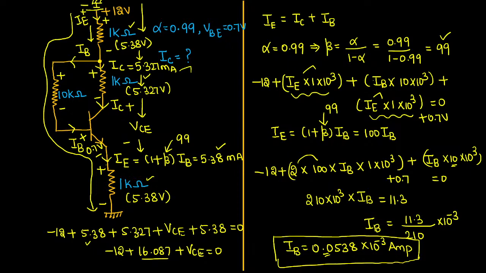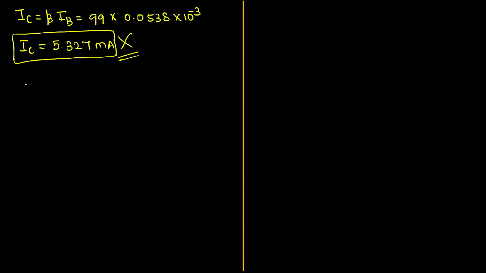If I subtract these two, you will be getting 4.087 voltage. So what I found is 4.087 voltage plus collector to emitter voltage equal to 0. But we got plus here. From this, if you observe the collector to emitter voltage, I am getting minus 4.087 voltage.